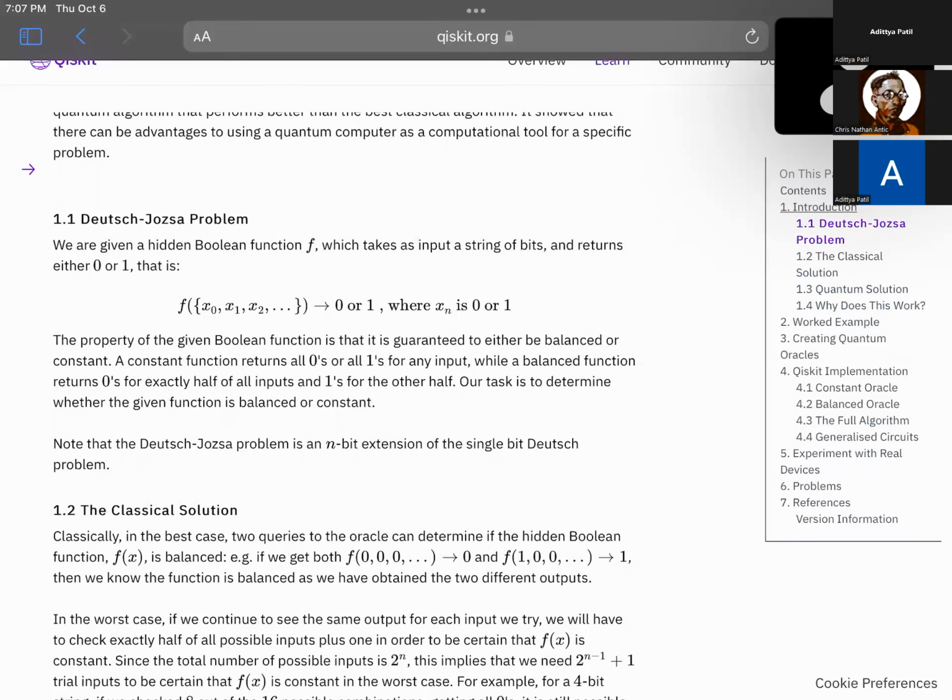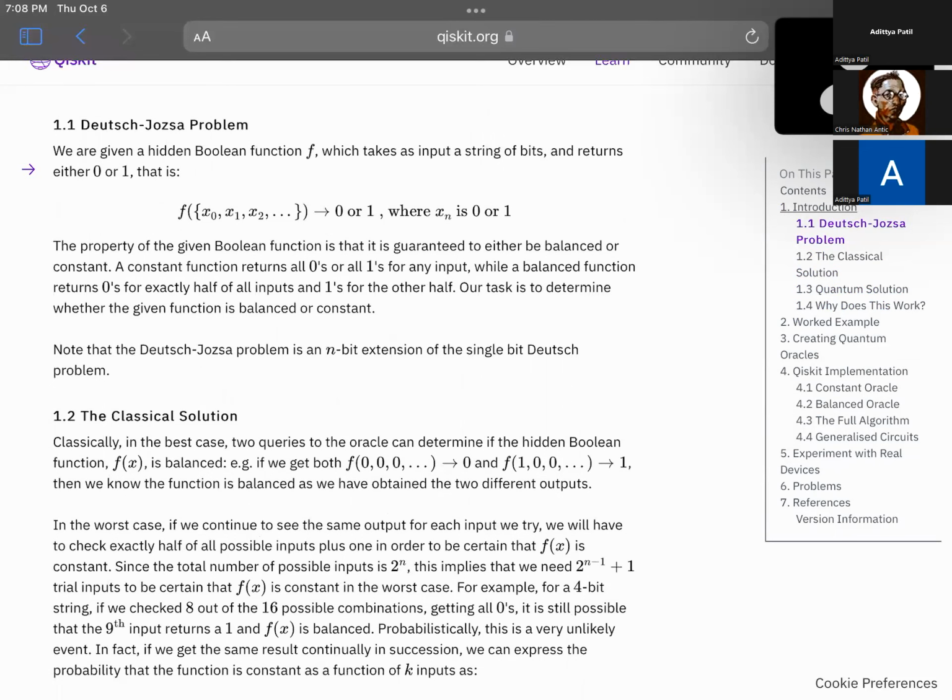For every single one of them, is it going to output 0 or 1 for everything? That's what it means when it's constant. For every single input, it's going to output the same thing. And balanced means it will be exactly half 0 and half 1 for all the given inputs. So how are we going to find that?